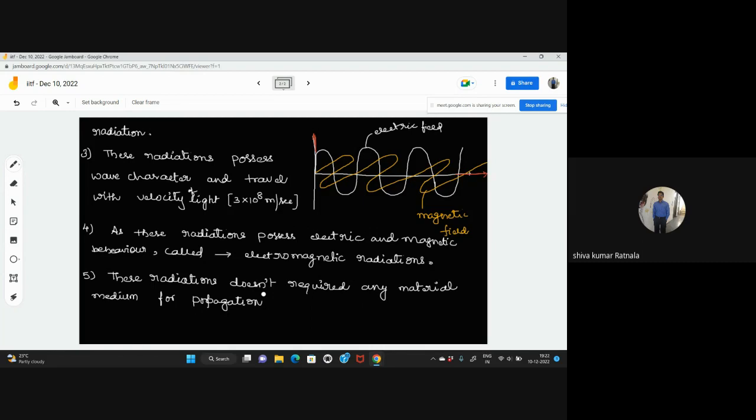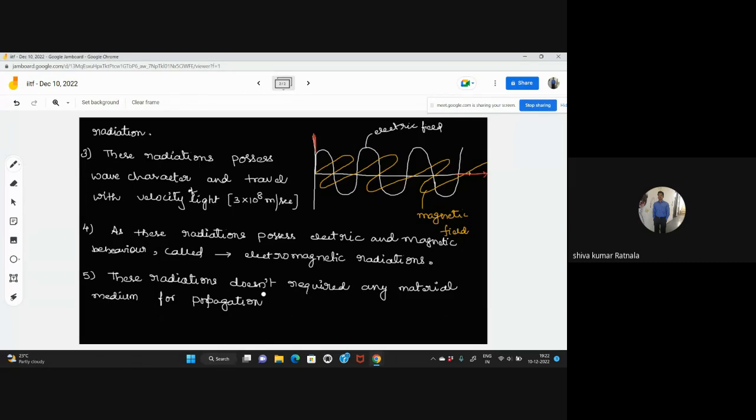So from now onwards, we are going to use each and every term as electromagnetic radiations. These radiations have wave character, and they don't require any material medium for propagation.